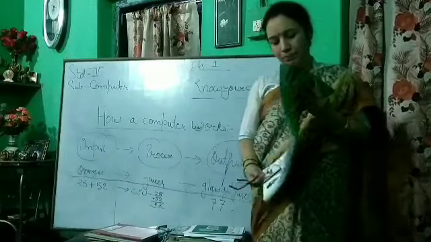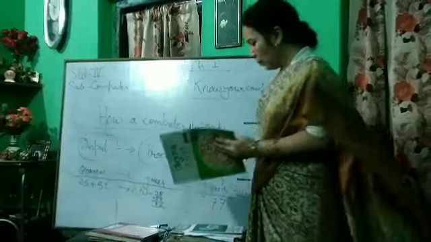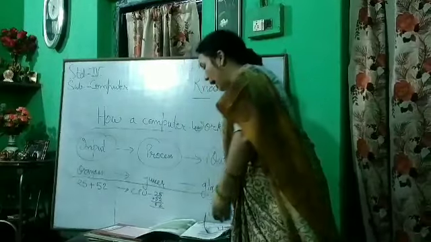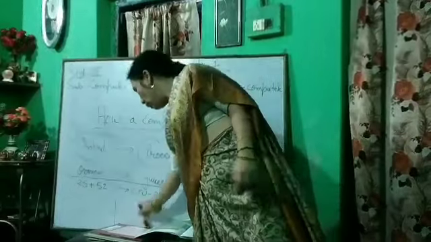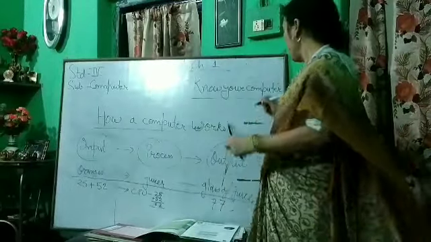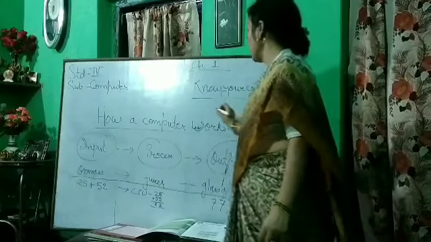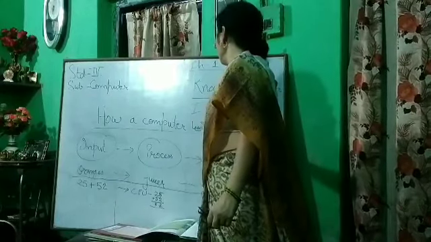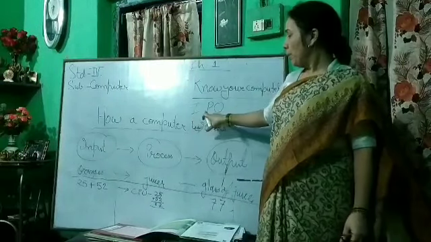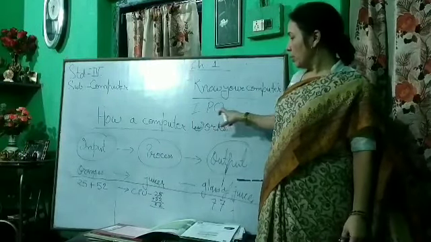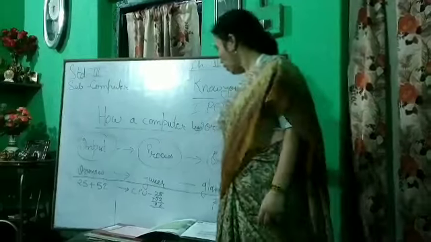So children, a computer works in the IPO cycle. I stands for input, P stands for process, O stands for output.